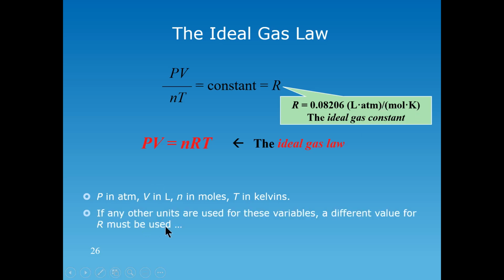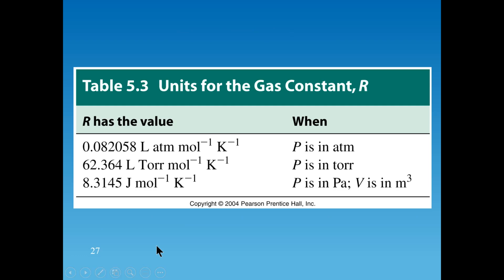Now, if you're going to use other units for these variables, then you're going to end up with a different value of R along with a different combination of units, and that is shown here in this slide. This is the R we were talking about before, and that is true when the pressure is in atmospheres, the temperature is in Kelvin, the volume is in liters, and the mole unit is included.